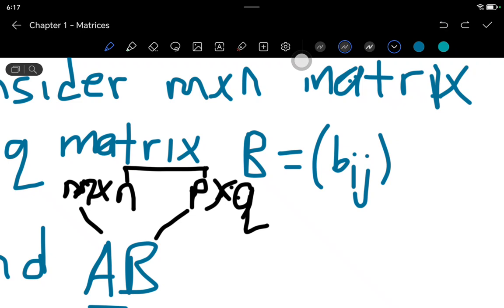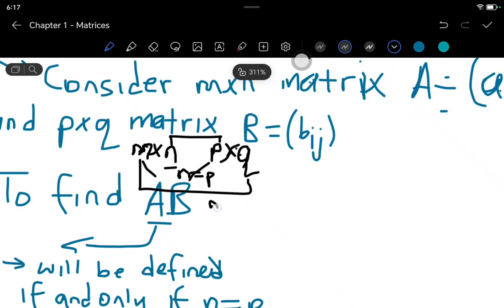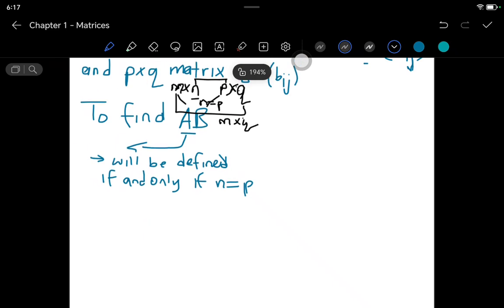So these two should be equal. If n is equal to P, then this will be defined, and the final solution will always be m by Q. You see right now, the final solution will always be m by Q. So we can go and do some examples based on that to see if what we're saying here is really determined.